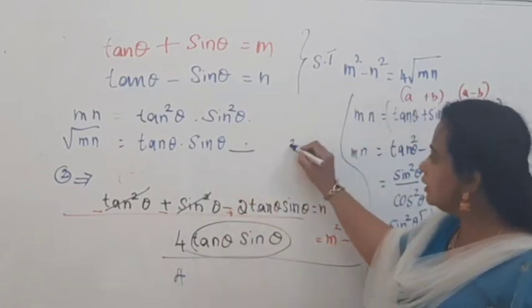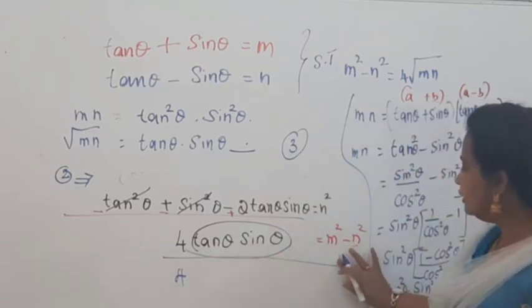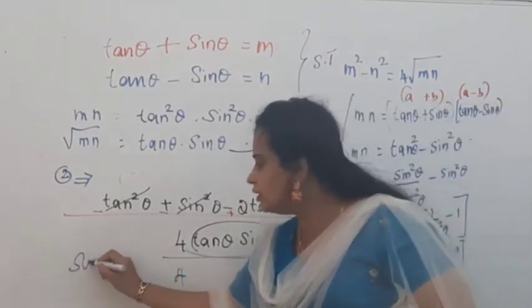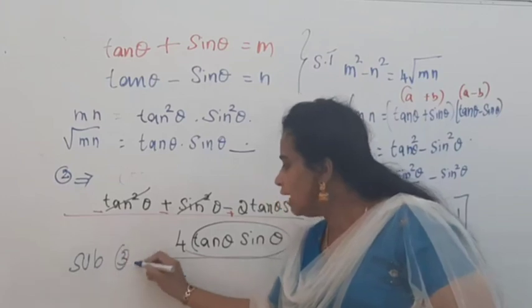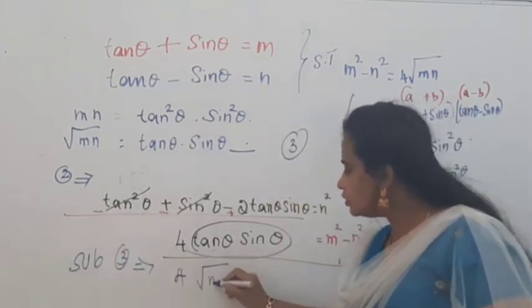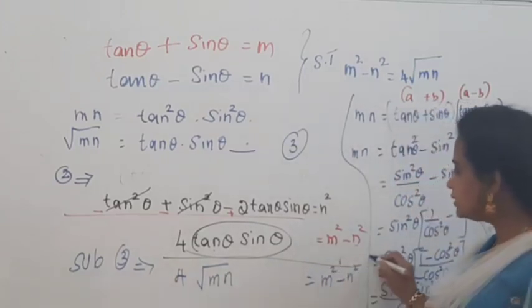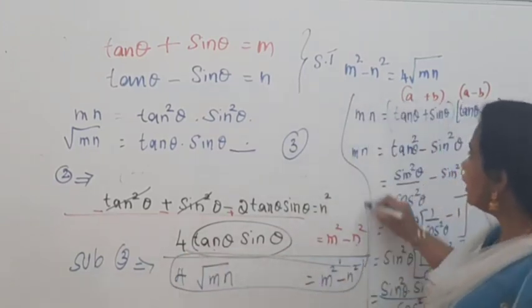This is my third equation. So substitute third here. That implies 4 into tan theta sin theta, as square root of mn, is equal to m square minus n square, which is my right hand side.